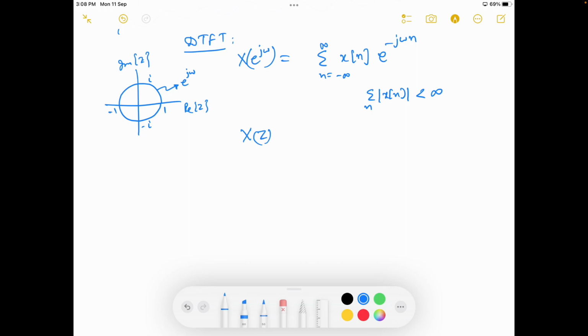So let's call that point Z, and then X(z) is the same thing, summation of x[n] z to the power minus n. So basically e to the power j omega gets replaced by z.